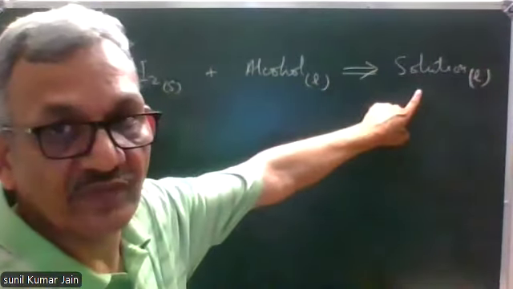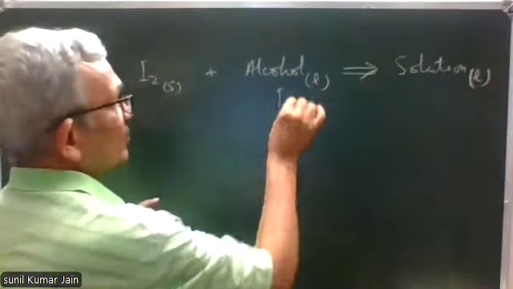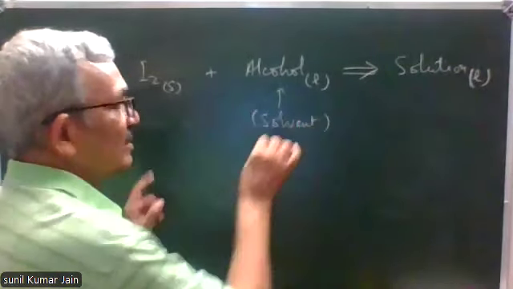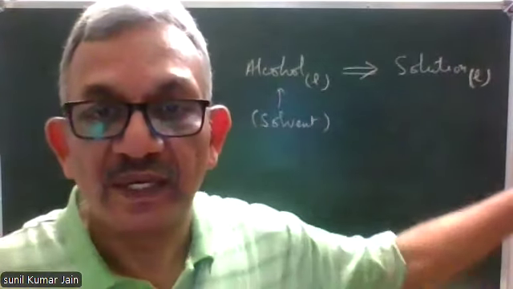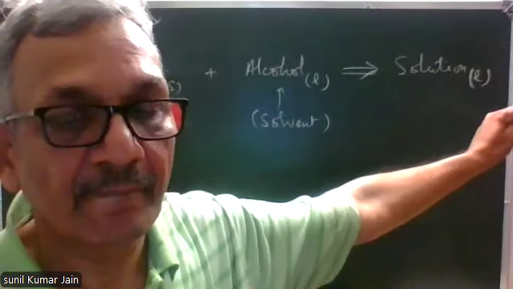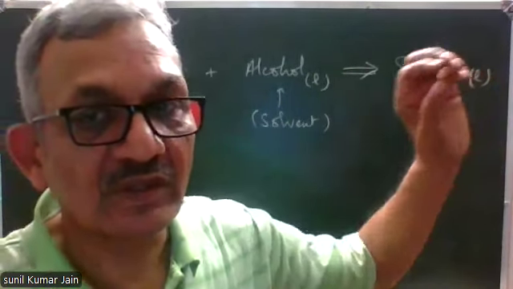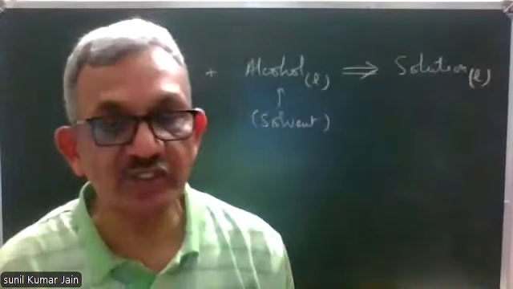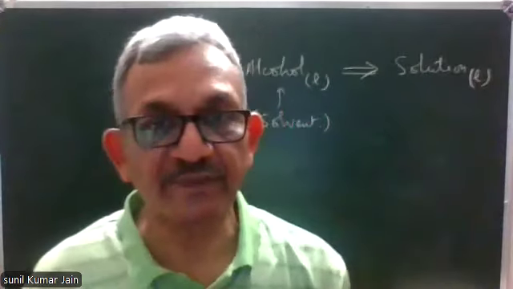Since the physical state of the solution and alcohol is the same, alcohol will be called the solvent, and iodine will be the solute. Does anyone know what this solution is called? Tincture of iodine. Yes, this is tincture of iodine. It is applied on wounds.